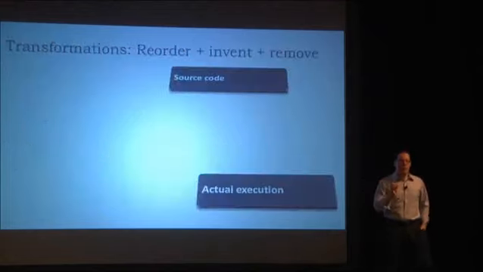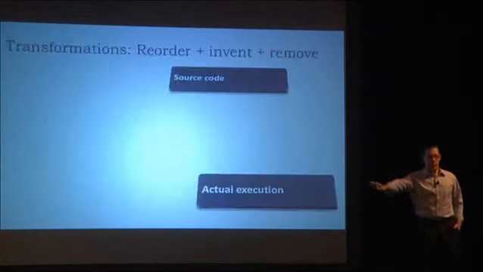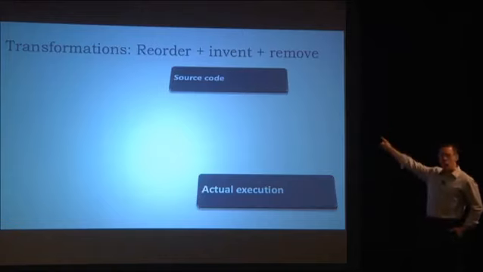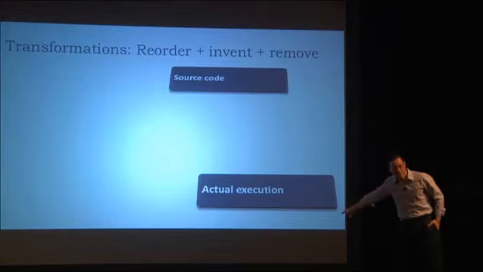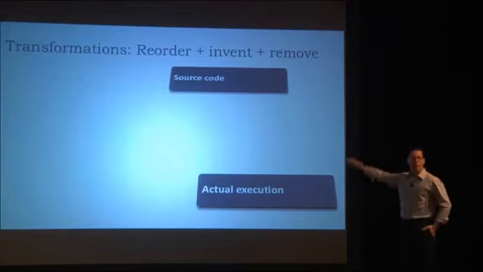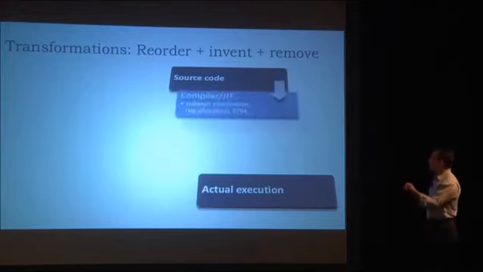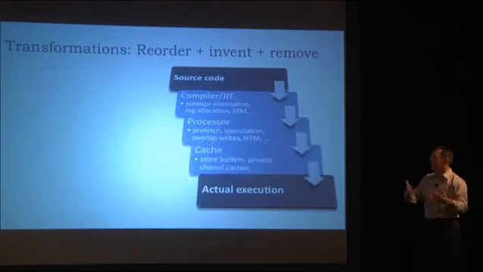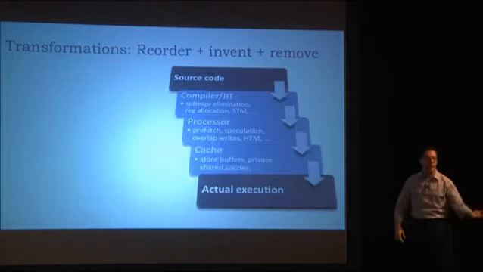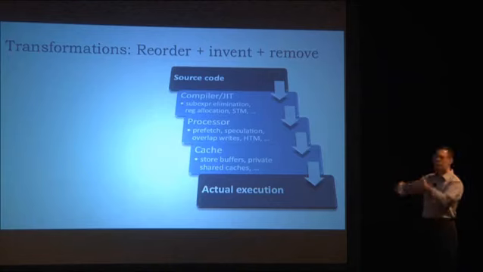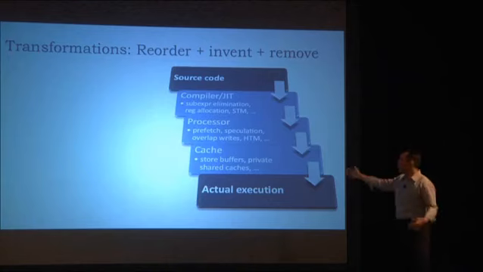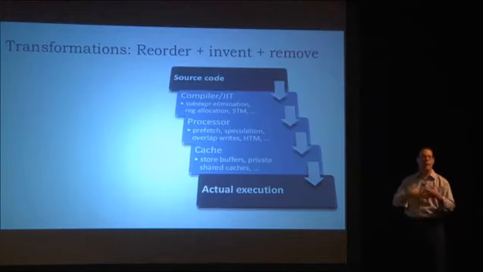One key thing to remember is that the only thing you care about is what you wrote in your source code and what actually happens. There's lots of space in between, so that the compiler may do things like common sub-expression elimination, register allocation. The processor may do prefetching, may do speculation, may overlap writes. The cache system may have store buffers, private shared caches.